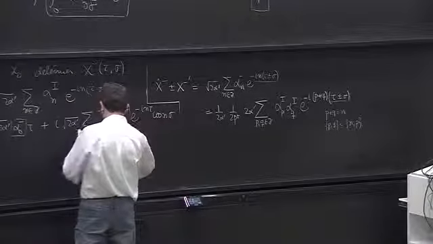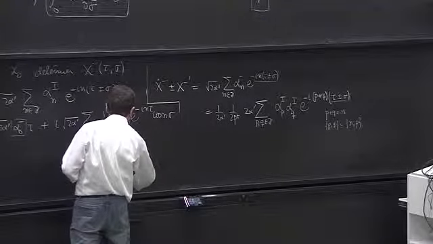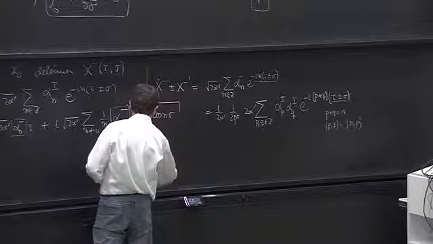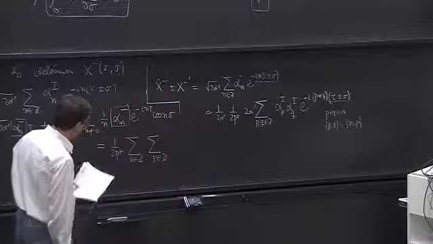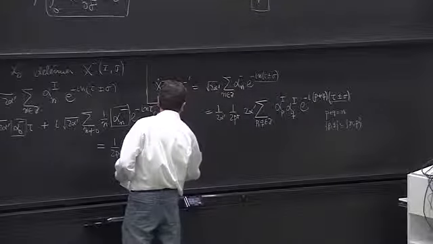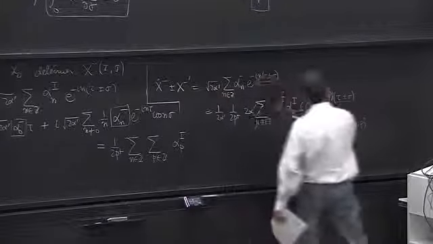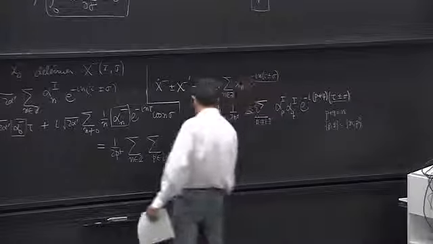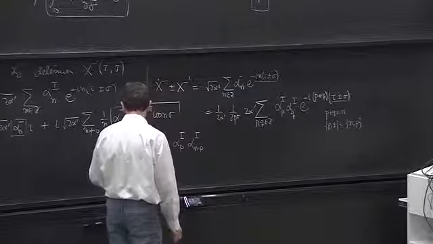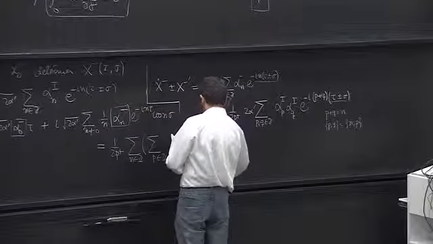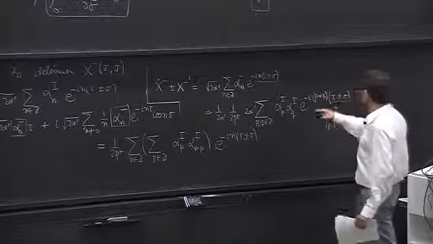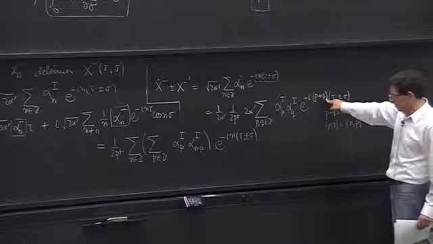So you will have the sum over all n, and then the sum over all p belonging to z. And what do we have? Alpha p i. Q now must be put n minus p. Alpha n minus p i. And then I have e to the minus i n tau plus or minus sigma, because this was called n on purpose.